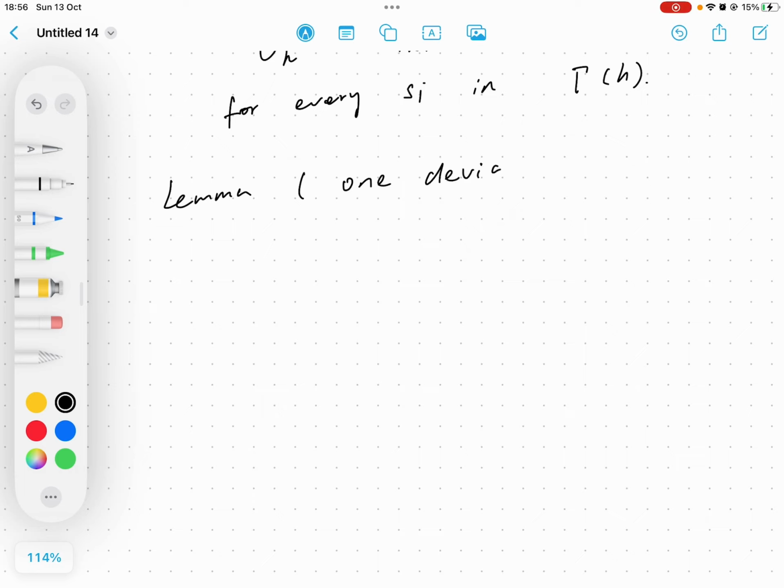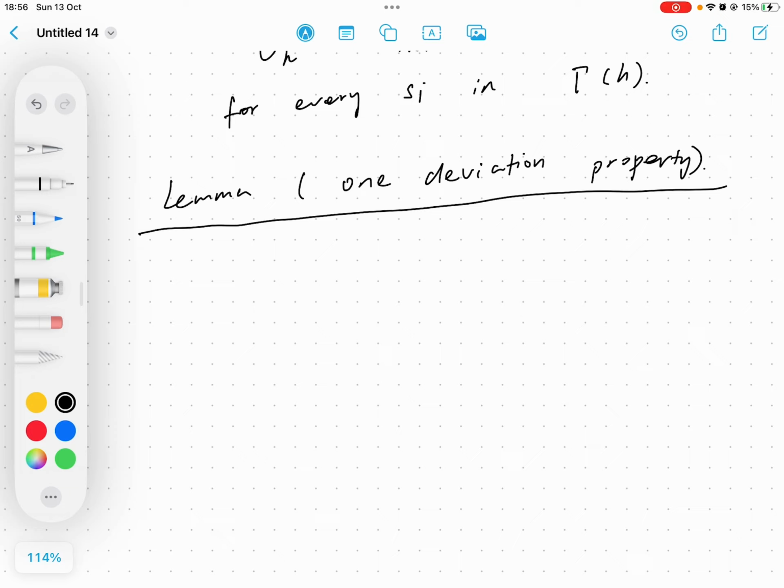So this lemma or this property simply helps us to see whether an outcome is a subgame perfect equilibrium.